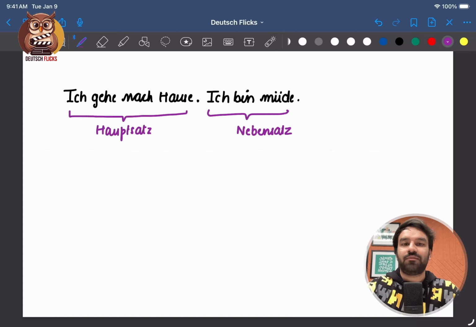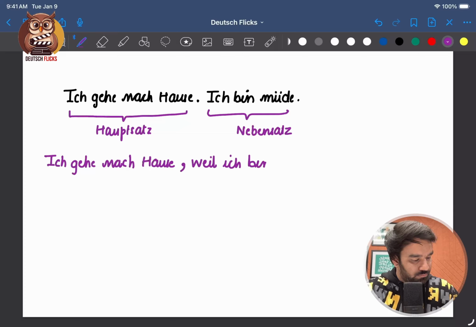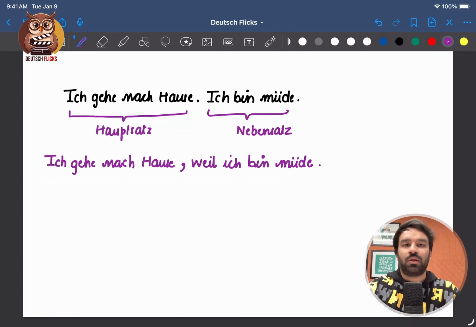Now we'll connect these two sentences using weil. Ich gehe nach Hause, weil ich bin müde. Your next task is to identify the mistake. Wo ist der Fehler in diesem Satz? The mistake here is that we have to put the conjugated verb in the subordinate clause at the end.